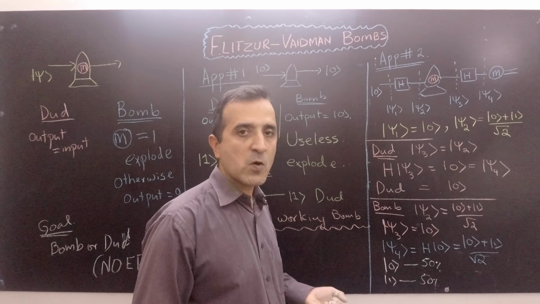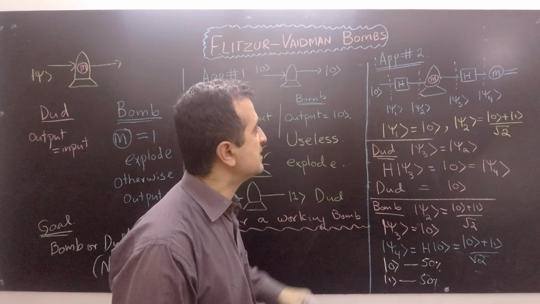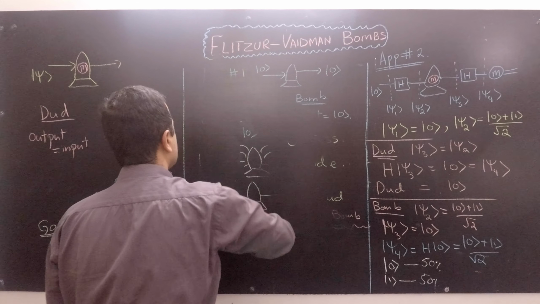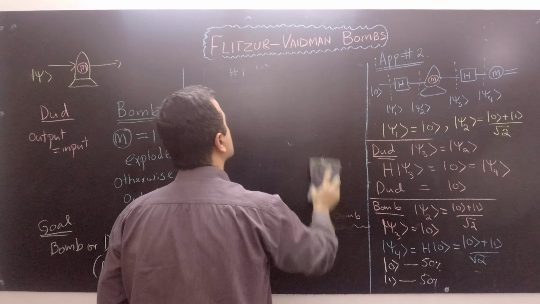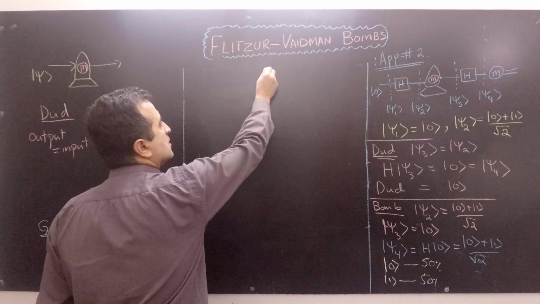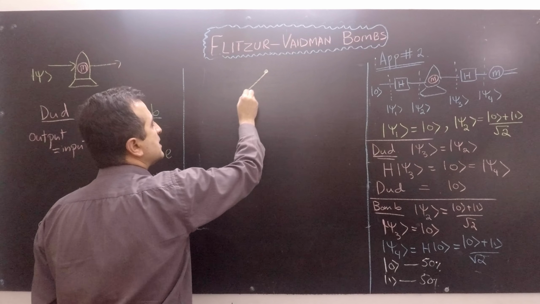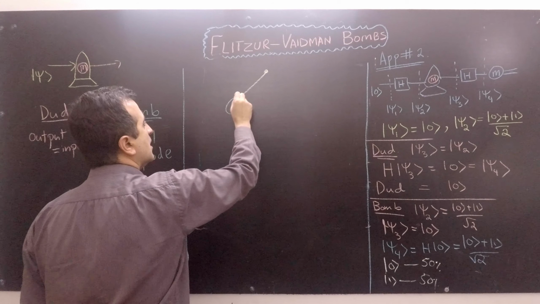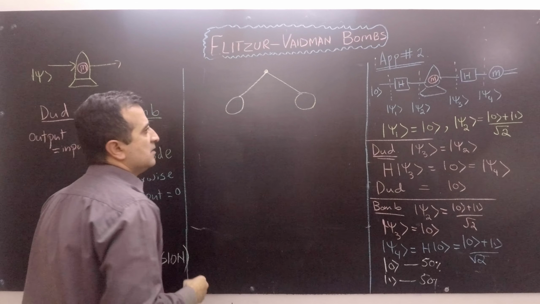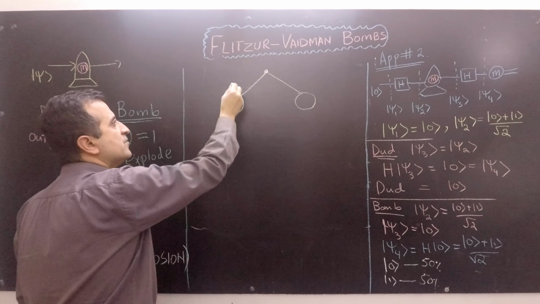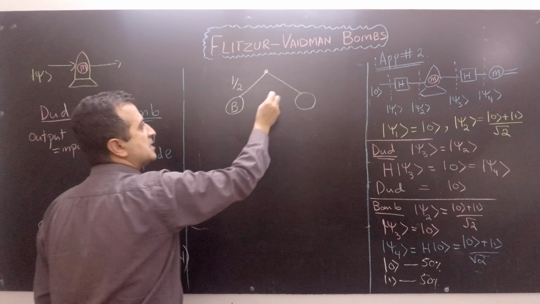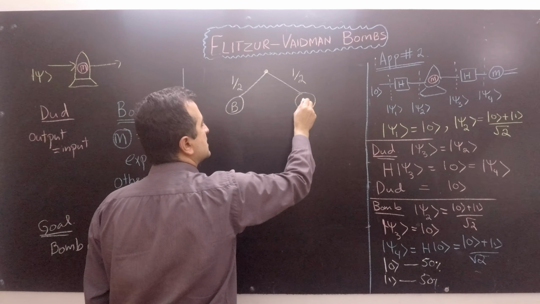Let's draw the probability tree of this approach number 2. With some probability our device can be a bomb, and with some probability it could be a dud. For the sake of simplicity, let's say with 50% probability the device could be a bomb, and with 50% probability the device could be a dud.